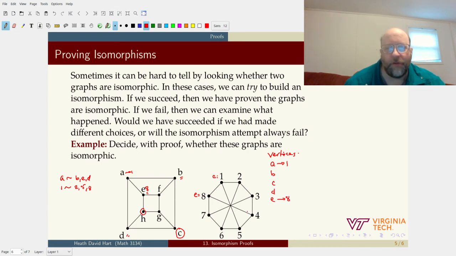8 connects to 4 and 1 and 7. But 2 connects to 1 and 3 and 6. There is no other place where 1 and 2 connect. And so this can't be 2, and so B has to be 2.